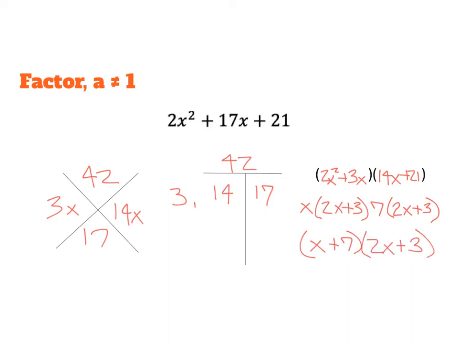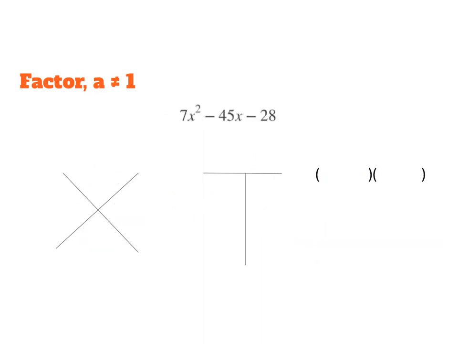Now again, we're writing these sets of parentheses right next to each other. That means they're being multiplied. All right, our last problem here, we're going to multiply to a negative 196 and add up to a negative 45. So I know my bigger number is going to have the negative on it. So these two factors are 4 and negative 49.